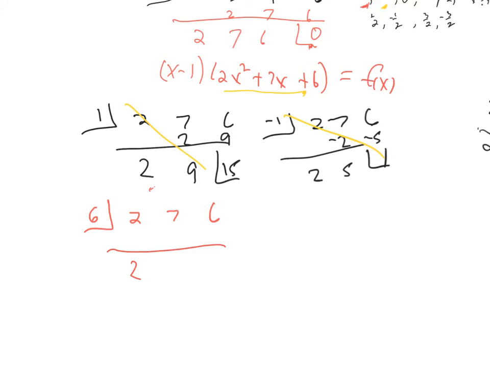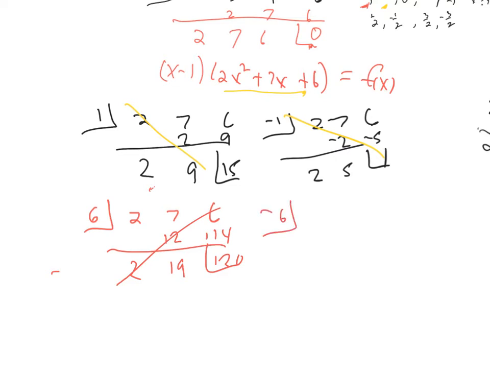2, that's 12. Oh, no, that's 19. 19 times 6 is 114, adds up to 120. Definitely not a 0. Okay, last one. I'm not going to play around with this.